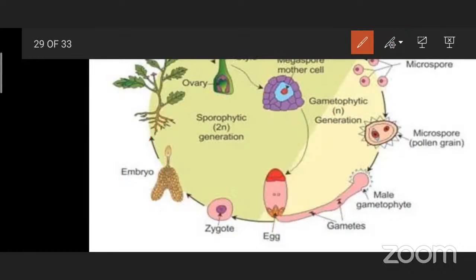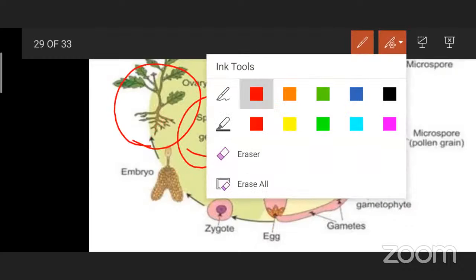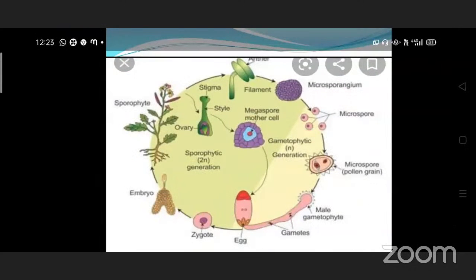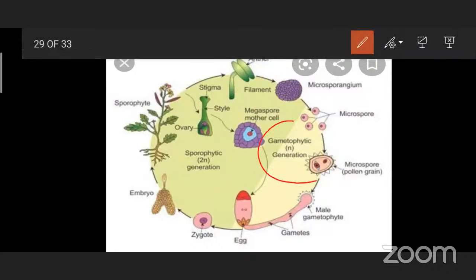Okay, students? Plants have multicellular diploid sporophytes as the dominant phase in their life cycle. The gametophytic stage is highly reduced and totally dependent on the sporophytic stage.